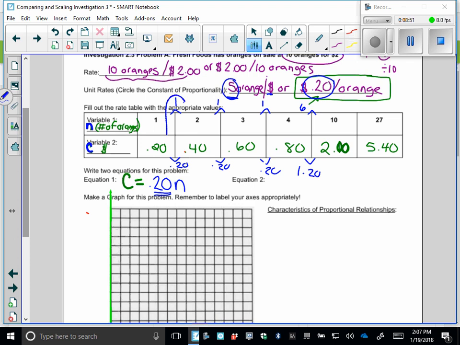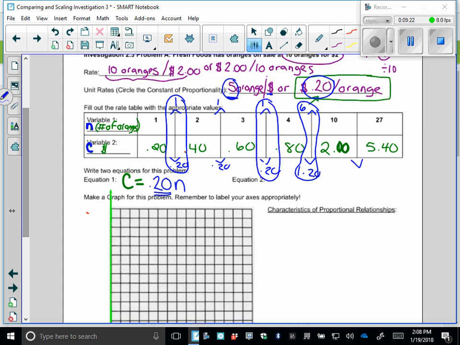So when you look at this, you're saying if you get 1 more orange, it's only going to cost 20 cents. What happens if I get 6 more oranges? $1. Right, and what's $1.20 divided by 6? 20 cents. So the constant of proportionality should be the same whenever you take these two numbers and divide them.